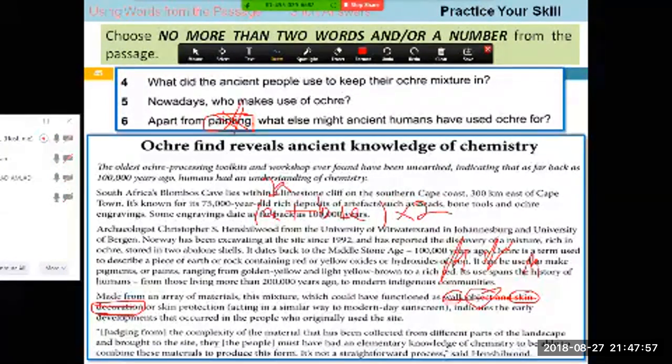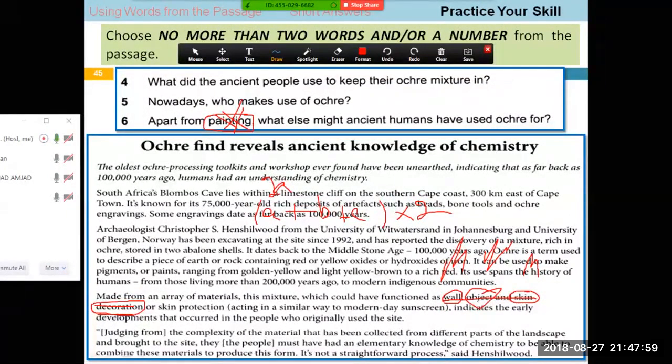So which other usage is left now? Skin protection. Skin protection, that's it. Got it? Abdurrahman, agreed?